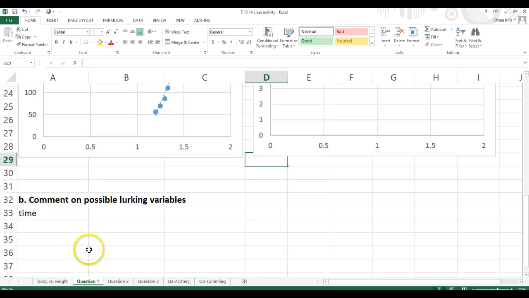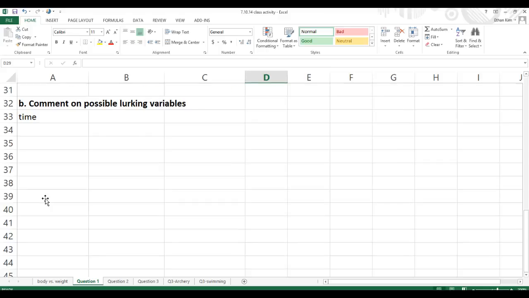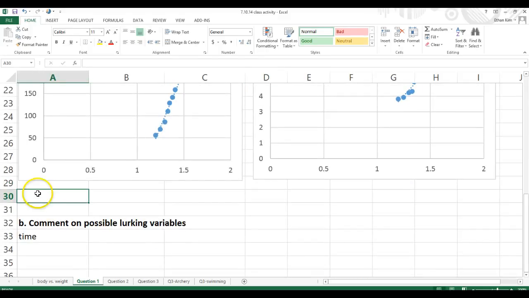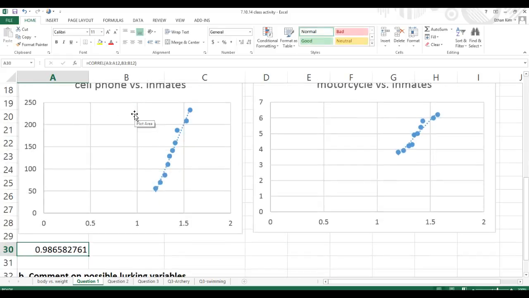Let's look at the R value. We can easily look it up: we use the correlation function, give it a range, this down to here, enter, and we see that there is a strong positive relationship.